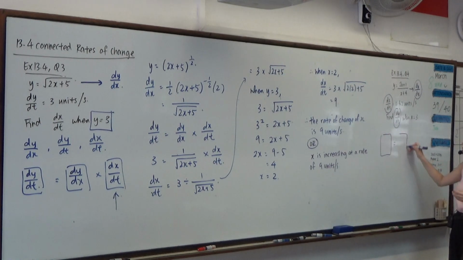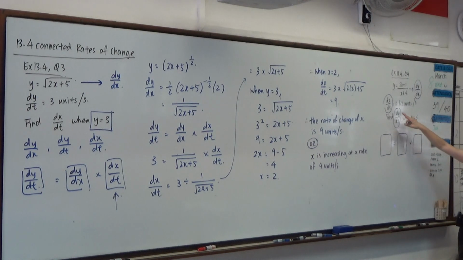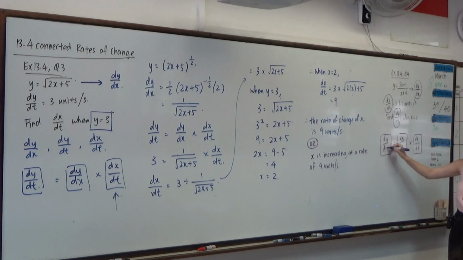So again, it is our setup. We see that our y is in the numerator, so dy over dx will usually always be in the center. Then after that, dx over dt over here, and dy over dt on the left.